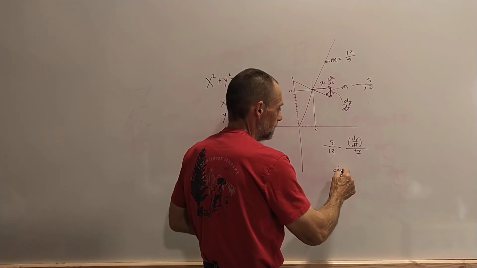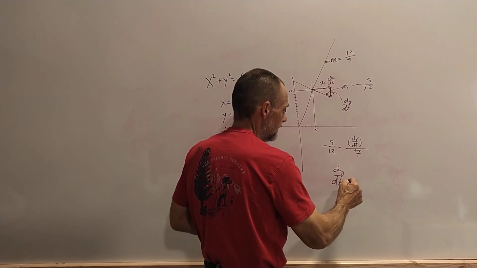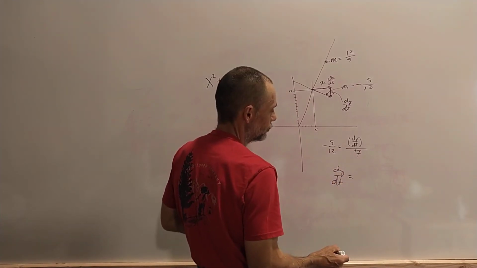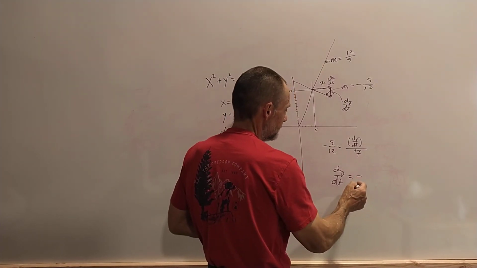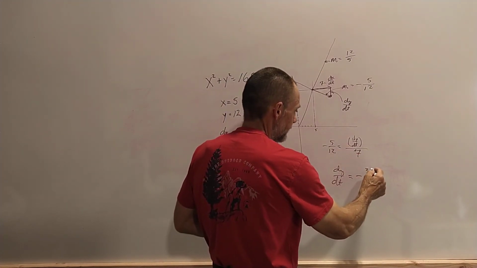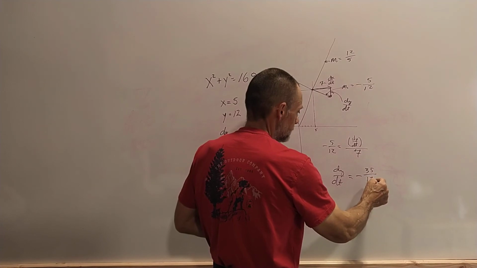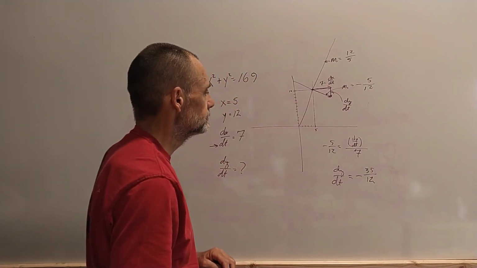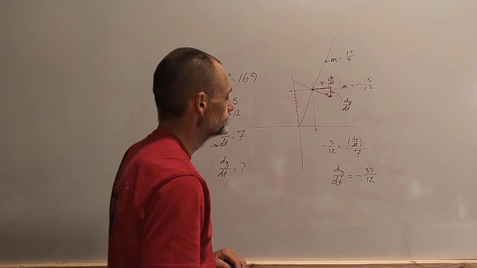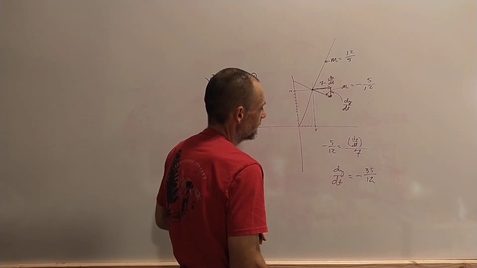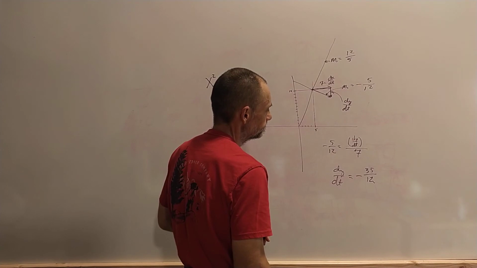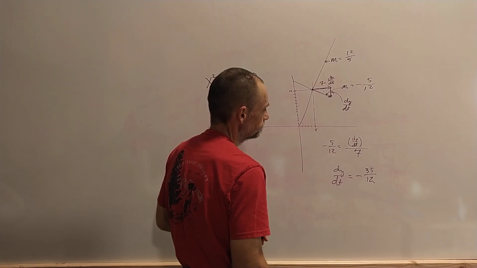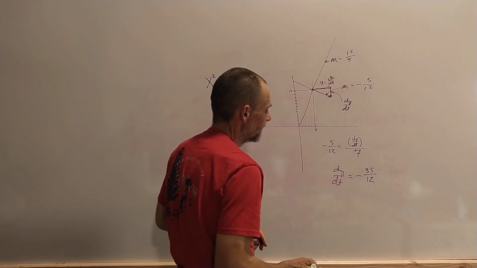So dy/dt is going to be equal to negative 35 over 12.